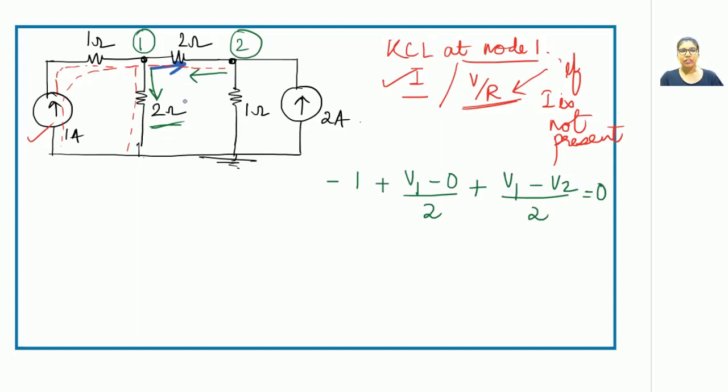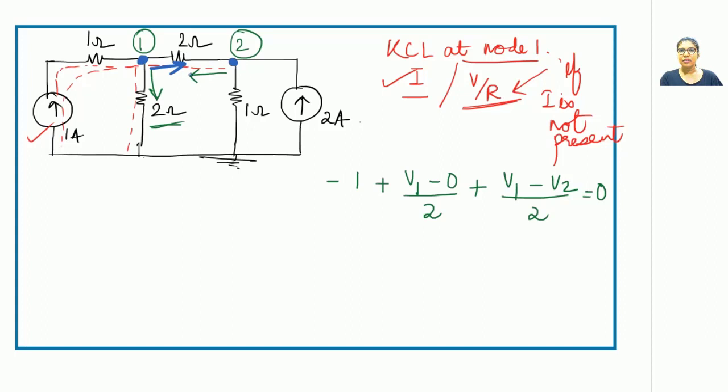Absolutely not. This will never lead to erroneous results. Why is it so? Because you are taking one node at a time. When you are writing the equations for node 1, you are assuming all the currents in the outward directions. Now when you are considering the nodal point 2, you are considering all the currents in the outward direction.